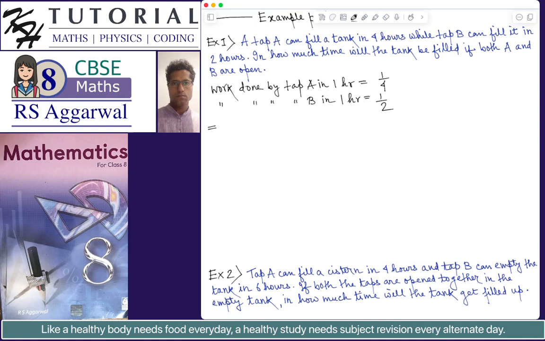So this implies that work done by tap A plus B, which means that both the taps A and B are working together, or both the taps A and B are open, in 1 hour will be equal to 1 by 4 plus 1 by 2, which is equal to 3 by 4.